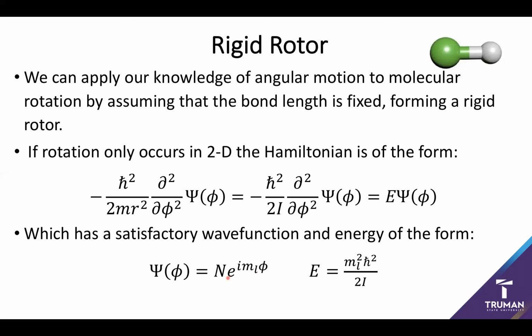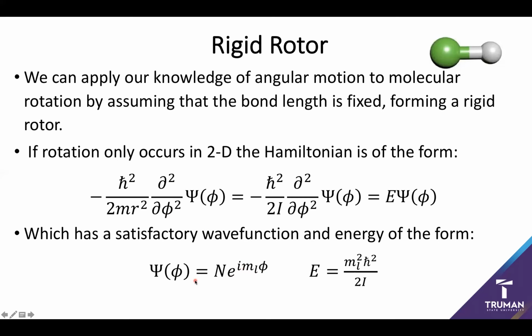Now, this should look vaguely similar to our eigenfunction for a free particle, because the major changes here are going to be a new quantum number, and that instead of x, we're dealing with phi. However, with this general form, it is worth noting that we no longer have a constant of k present either.